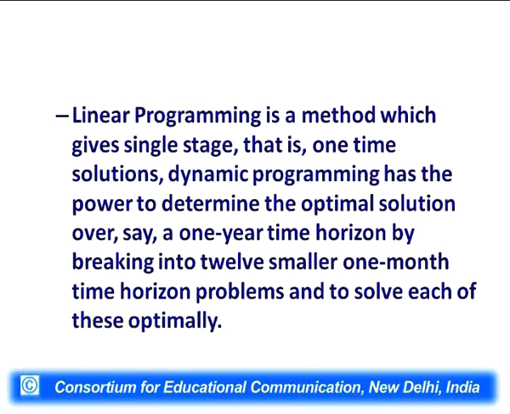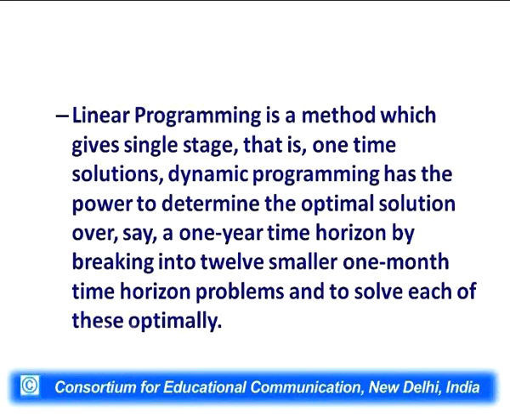It is based on time horizon. It is not stationary, it is not fixed. When we talk about dynamic programming solutions, these are based on time, maybe for 1 year, and for 1 year the solutions are based upon 12 months of solutions, each month's solution, and finally these are added together to get the result for the full 1 year.